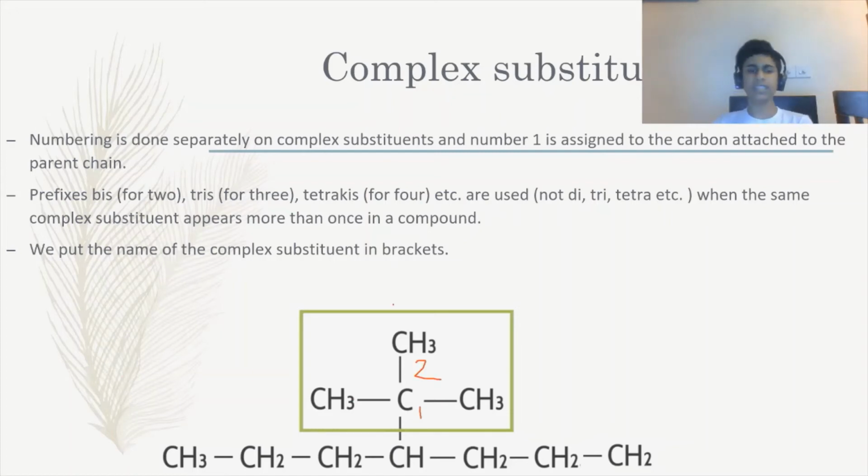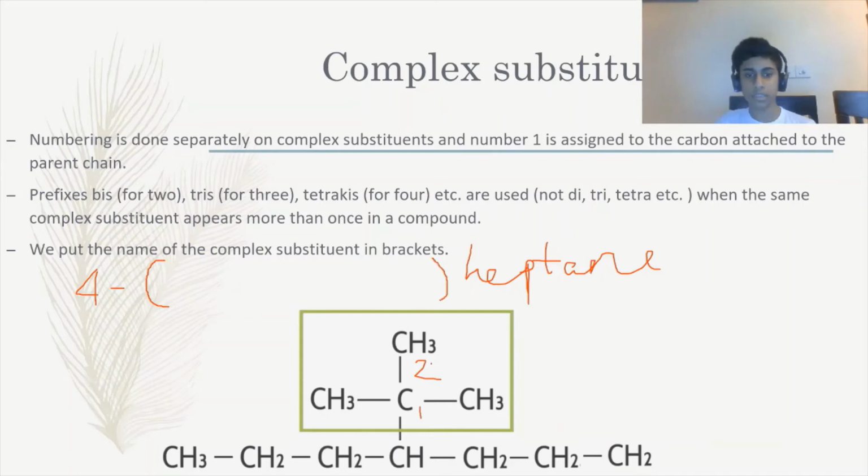So now the naming is a little different in complex substituents. It'll be 1, 2, 3, 4, 5, 6, 7. So heptane. Now, this is at place 4. We write complex substituents in brackets always.